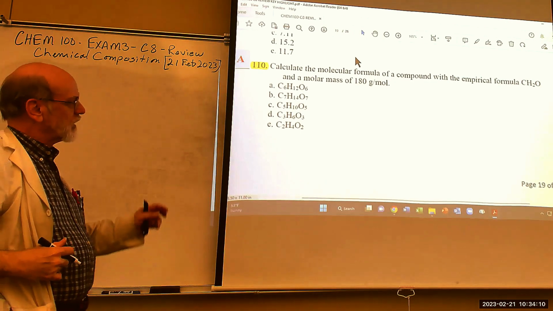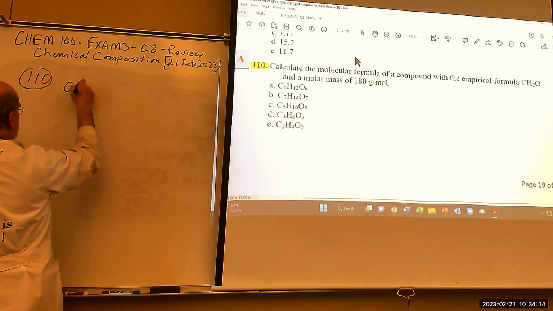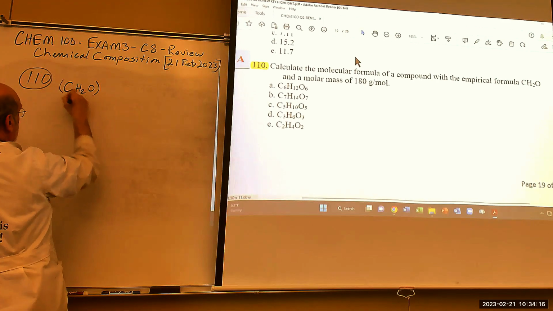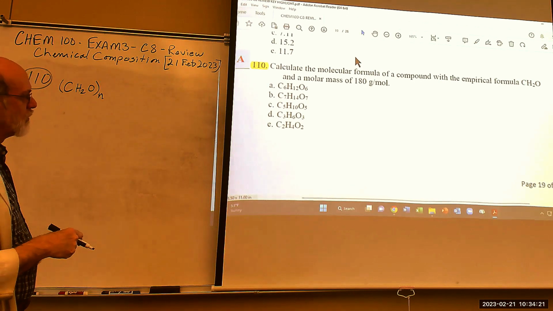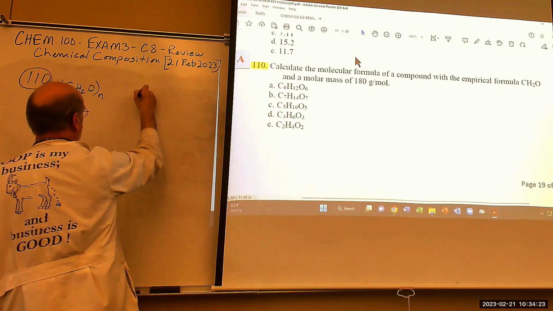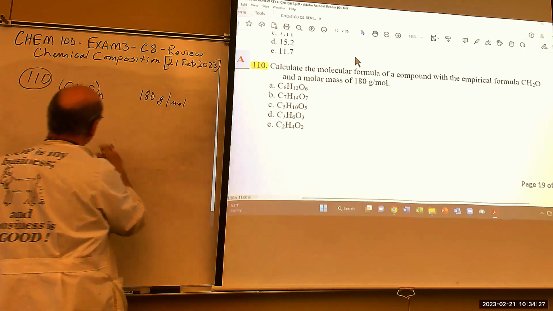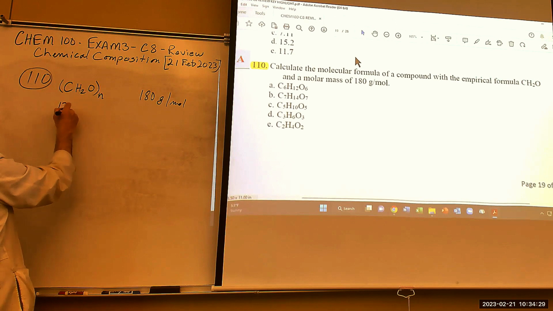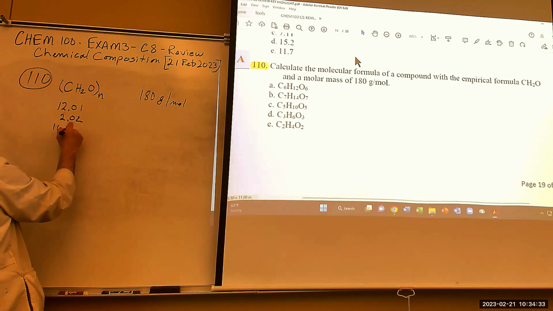Calculate the molecular formula of a compound with an empirical formula, CH2O. That's the empirical formula, so we need the multiplier. And a molar mass of 180 grams per mole. So what's the empirical mass? Well, 12.01, 2.02 for the hydrogens, and 16 for the oxygens.